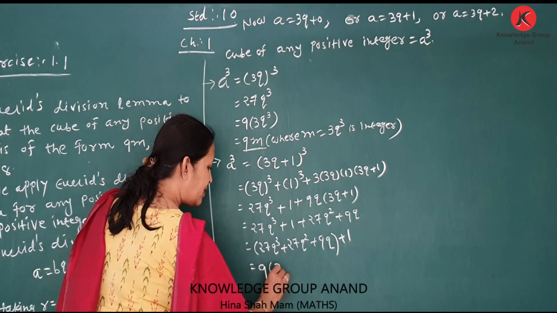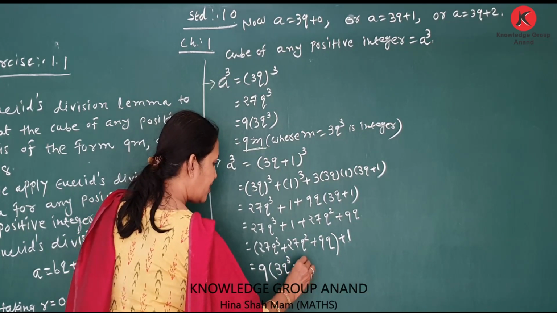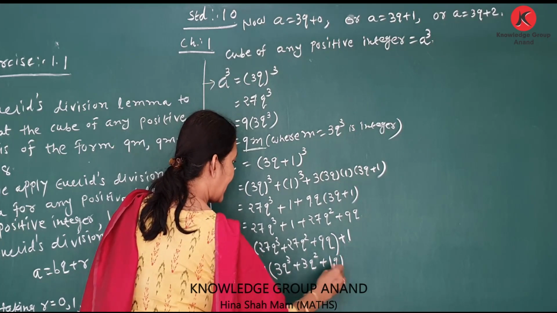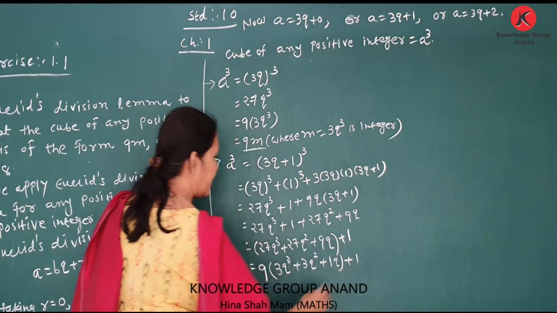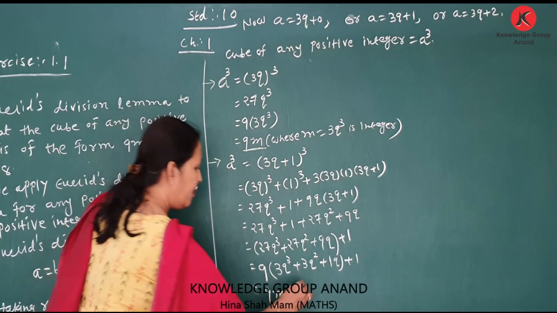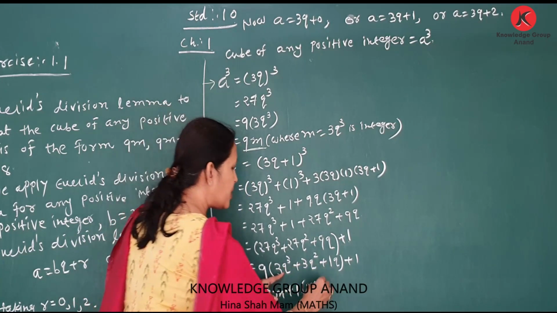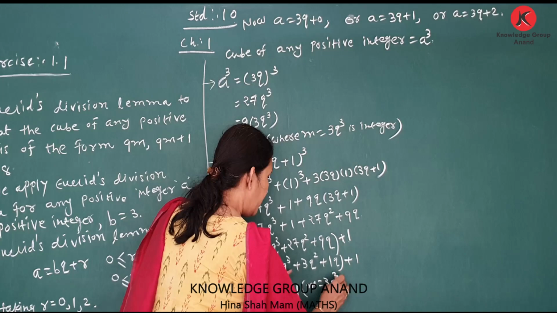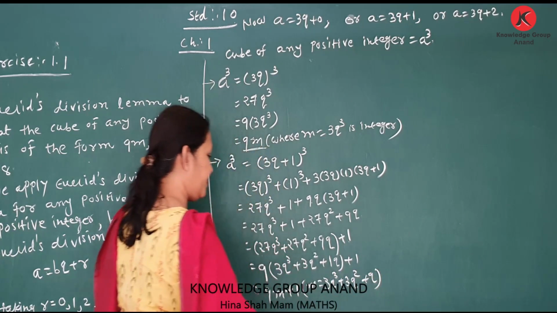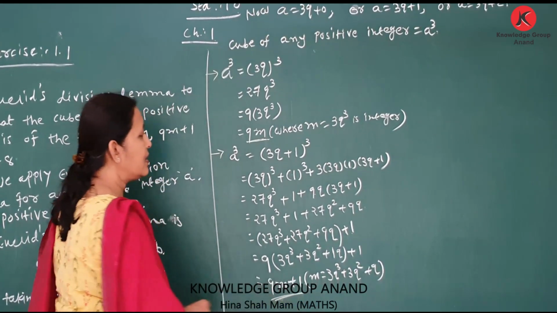We write 9 times 3 q cube, 9 times 3 q square, 9 times q, plus 1, is equal to 9m plus 1. Here what is m? Which is our positive integer: 3 q cube plus 3 q square plus q. Here 9m plus 1.